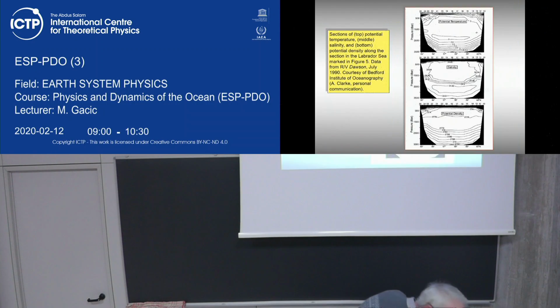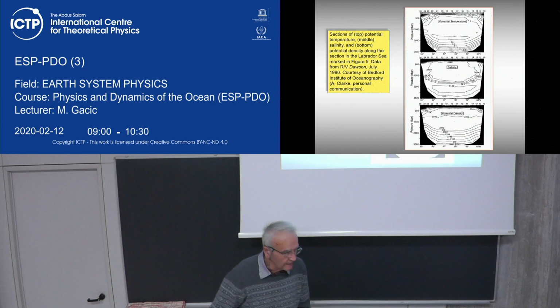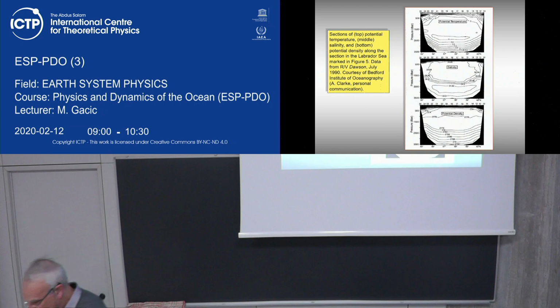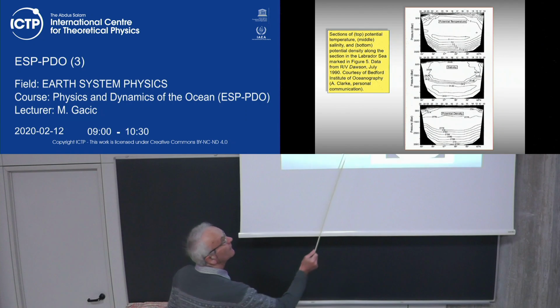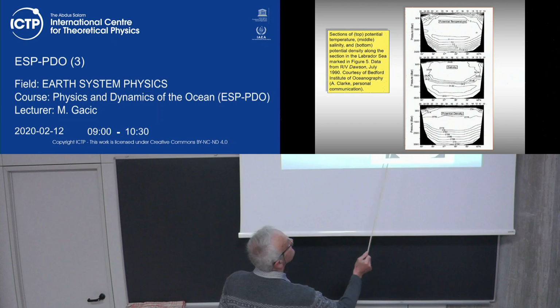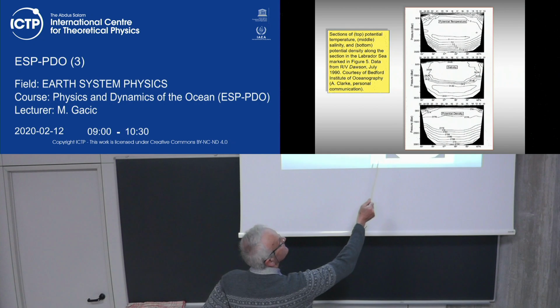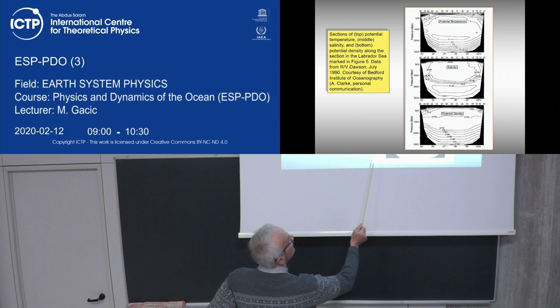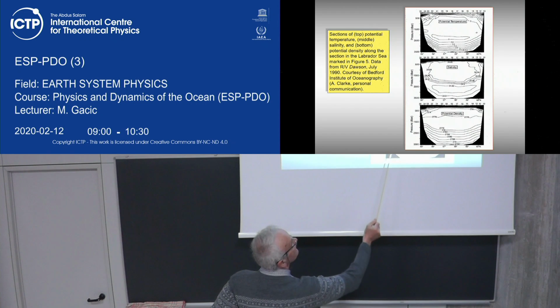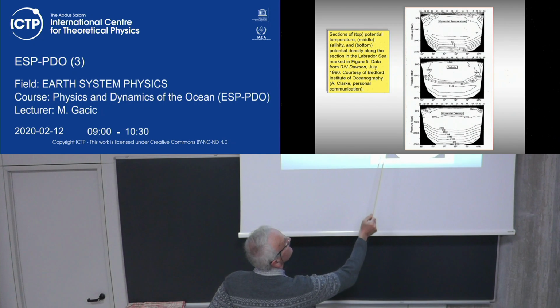And so if you look at the vertical cross section across the Labrador Sea, what you can see is that there is a huge area vertically mixed, where there are no isotherms from the surface up to 2,500 meters.